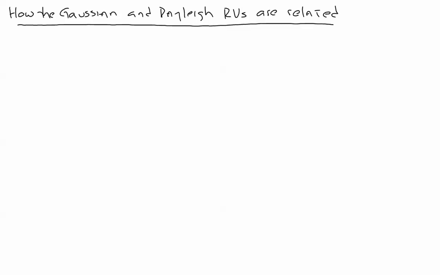So, let's look at random variable z, which is going to be the square root of random variable x squared plus random variable y squared. All right? And I'm going to assume that my joint random variable for x and y is a joint Gaussian, looks something like this.